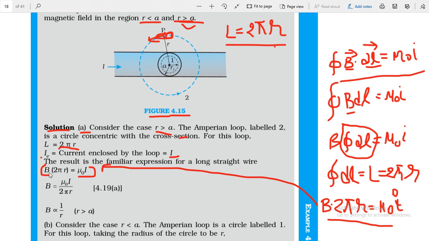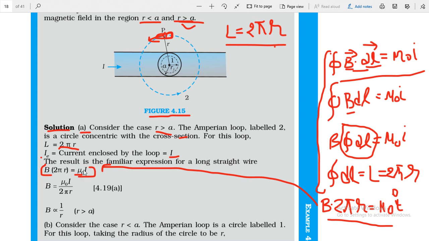So B into 2 pi r is equal to mu naught I. It is by these steps. So after applying Ampere's circuital law and solving these steps, you will get this equation, that is B into 2 pi r is equal to mu naught times I.